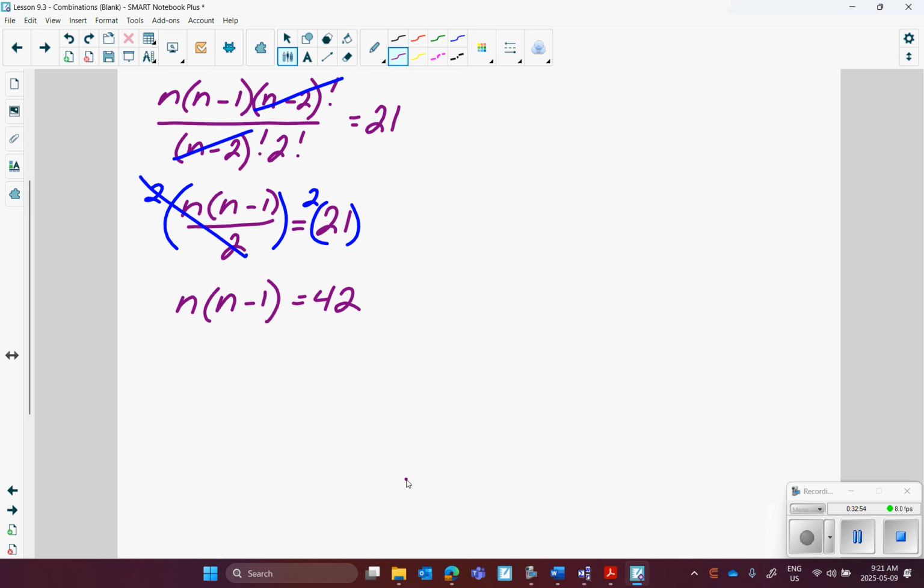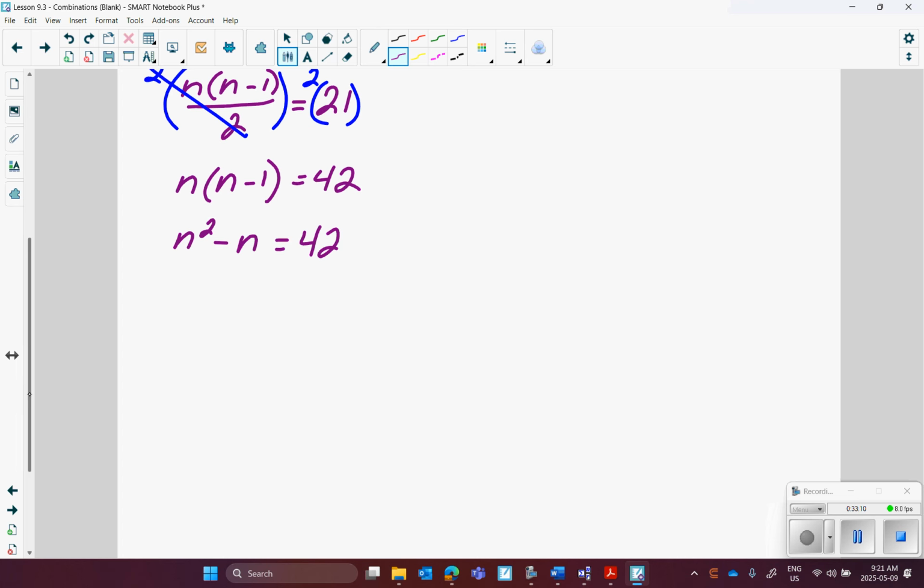This I've got to multiply through, and when you do, notice you get a square. Which means you've got a quadratic equation, which the majority of the time you solve by factoring. But in order to factor, you've got to get everything on one side, 0 on the other.